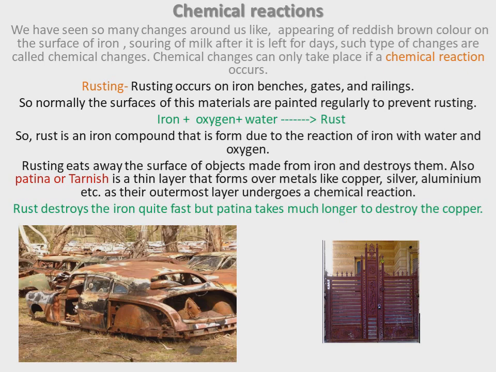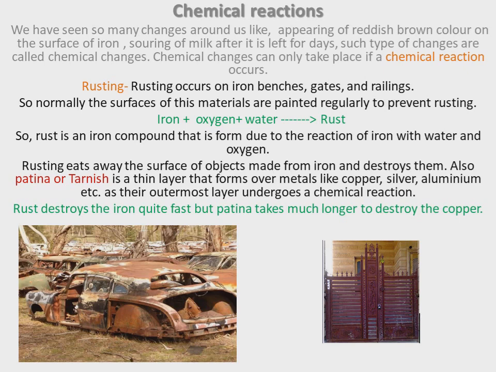So what is a chemical reaction? Normally, rusting is one example of a chemical reaction. Rusting occurs on iron benches, gates and railings. Normally, the surfaces of these materials are painted regularly to prevent rusting. So, what is rust?